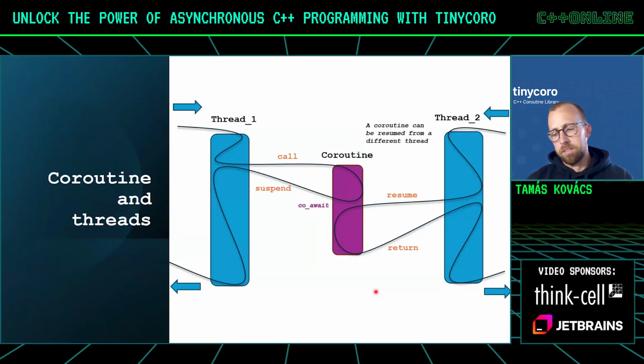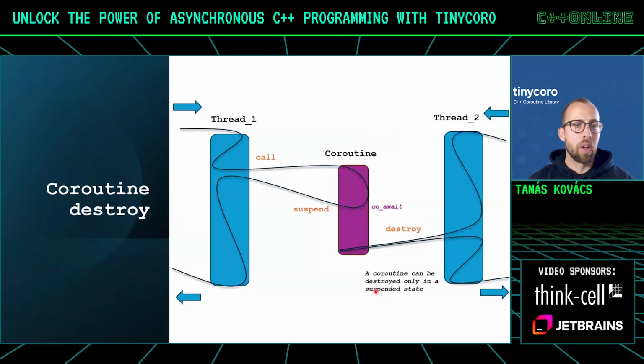But what about coroutines and destruction? Destruction with coroutines can be done even from different threads. As in our example, thread 1 starts the coroutine, the coroutine reaches its suspension point, giving back the control flow to thread 1, and thread 1 can continue with its execution.